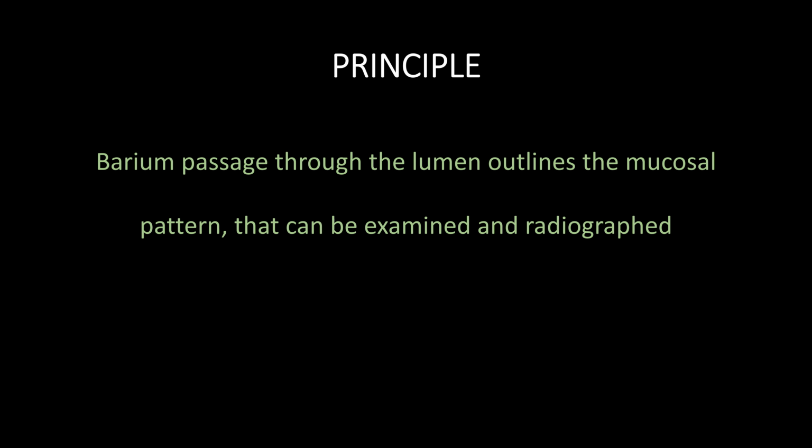When barium passes through the lumen, it outlines the mucosal pattern that can be examined and radiographed. On the basis of this principle, we can have images for the gastrointestinal system and its lining wall.